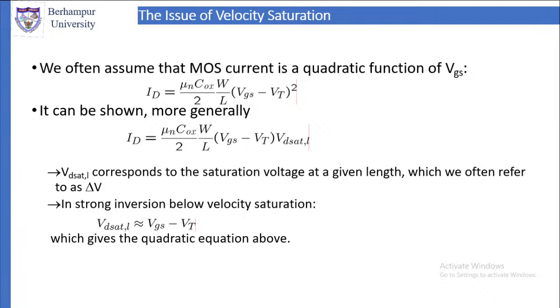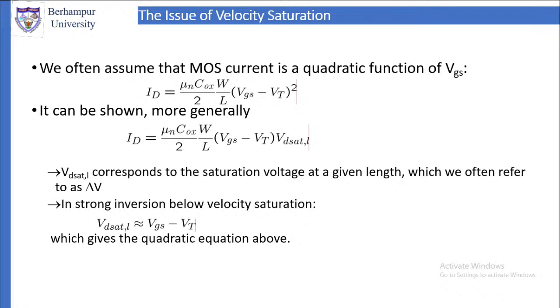Now it is usually assumed that if we are considering a MOS, then the MOS current is a quadratic function of VGS, the voltage applied between gate and source. So the drain current ID is a quadratic function of the voltage applied between gate and source.